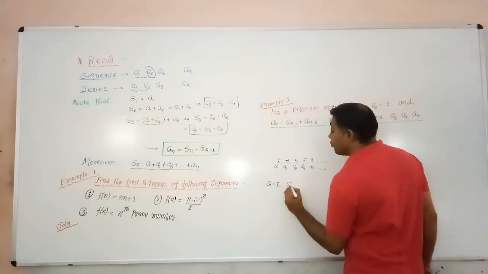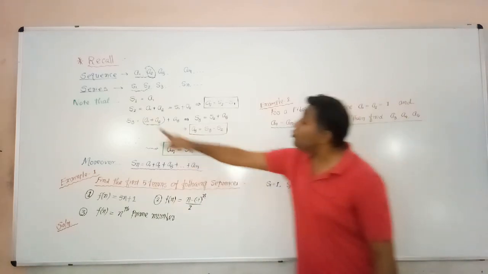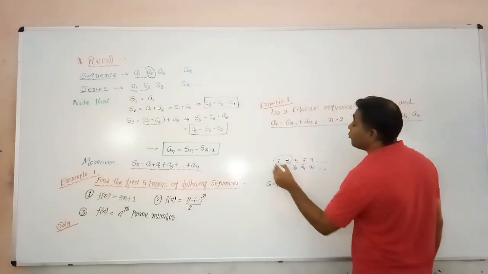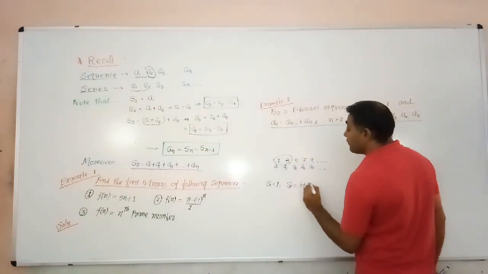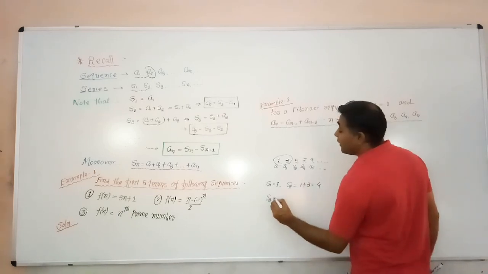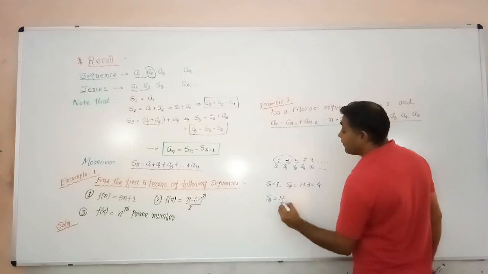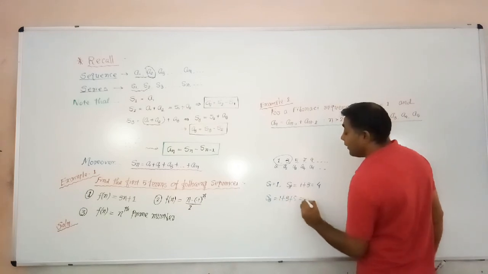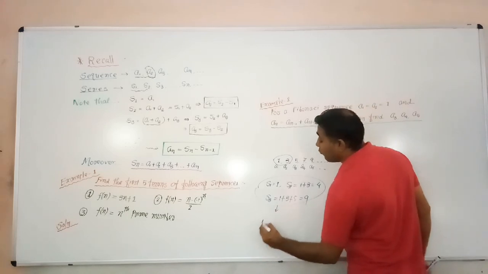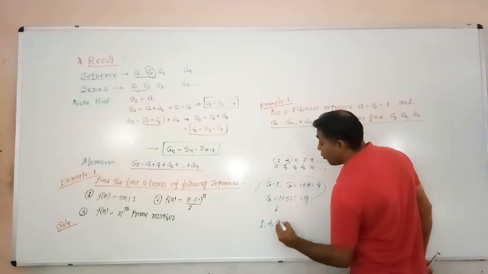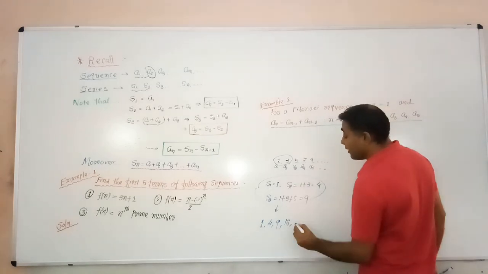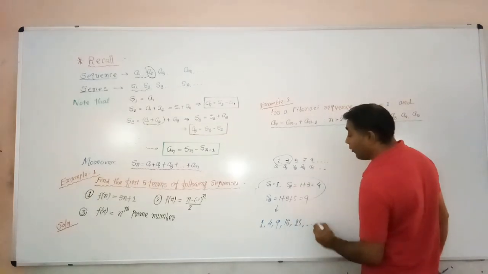What is S2? A1 plus A2, the sum of these two terms, so 1 plus 3 equals 4. And S3 is 1 plus 3 plus 5, which is 9. So the series is 1, 4, 9, then 9 plus 7 is 16, 16 plus 9 is 25, and so on.